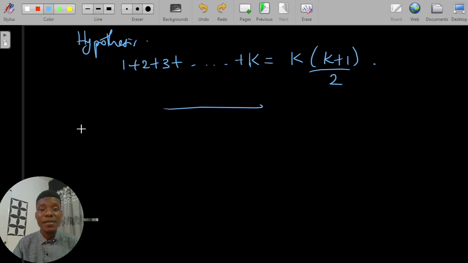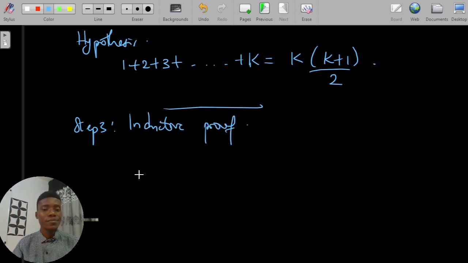The next step now is step 3, which I call the inductive proof. Now, what do we do here? You set n to be equal to k plus 1. And here, you prove that it is true. How do you prove that?